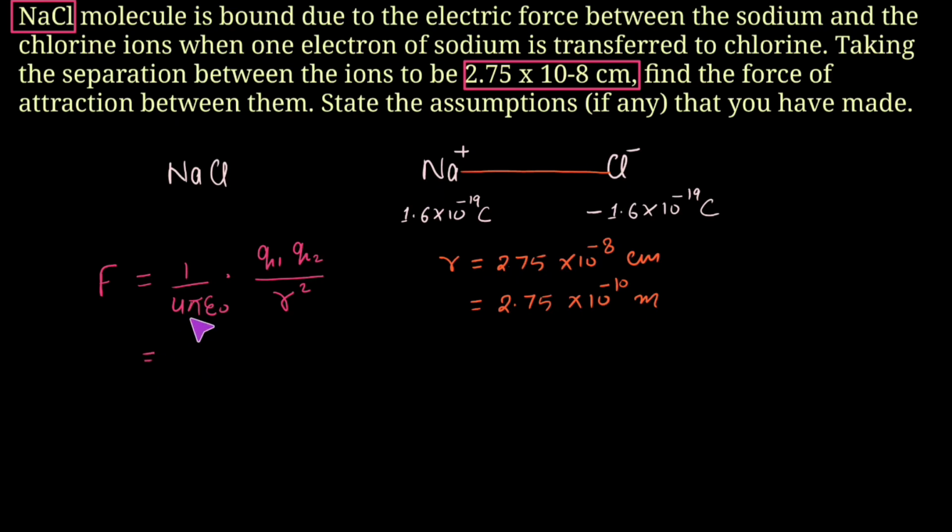The value of 1 upon 4 pi epsilon naught is 9 × 10^9, into the charge 1.6 × 10^-19. Because the magnitude of Q1 and Q2 is the same, we are just taking the square here, divided by the square of the distance, and the distance is 2.75 × 10^-10, and its whole square.